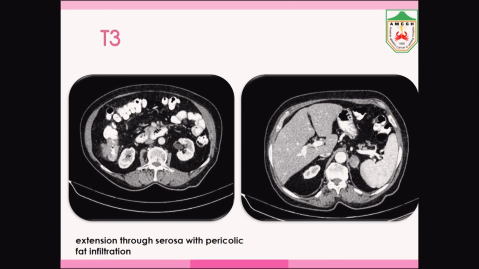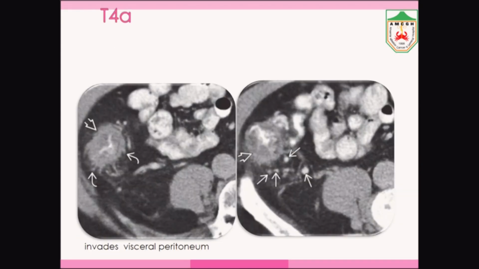This is the T3 lesion, which shows peri-lesional fat stranding and fat infiltration. This is a T4a lesion, which invades the visceral peritoneum.